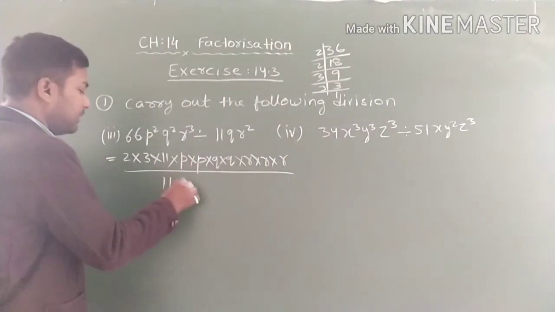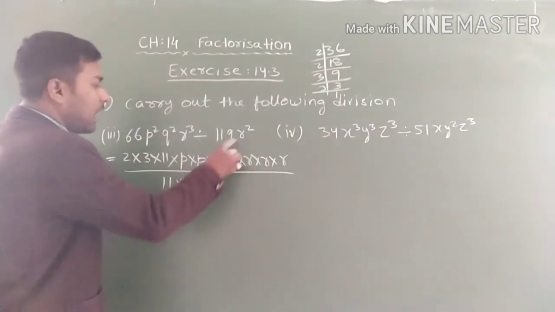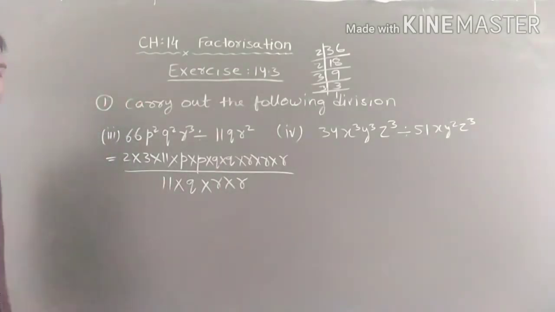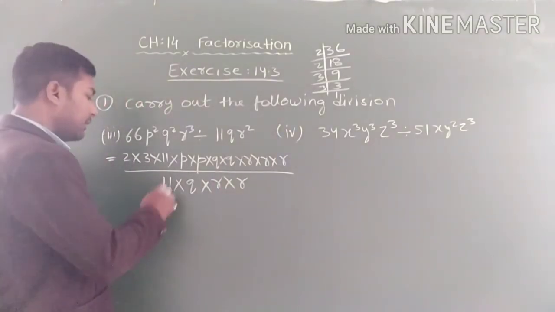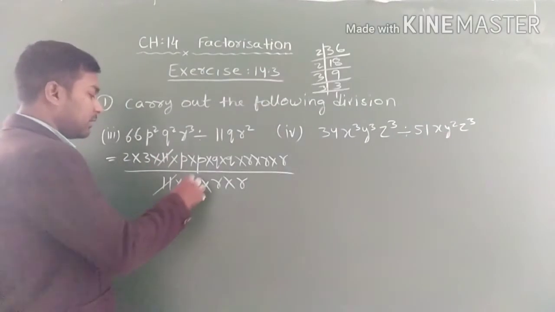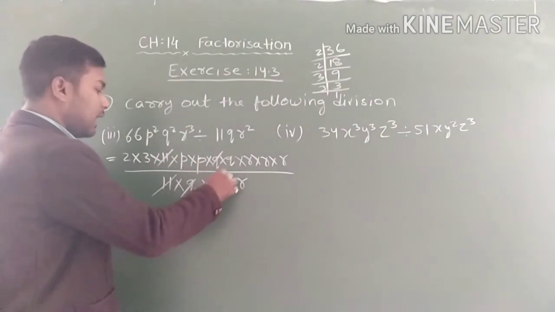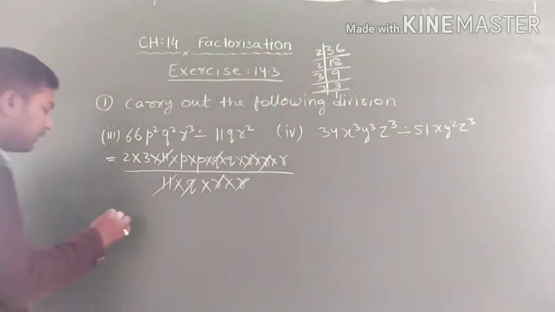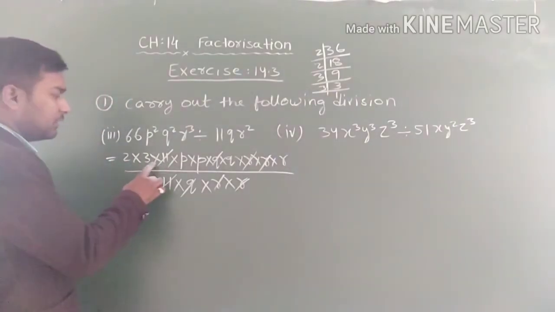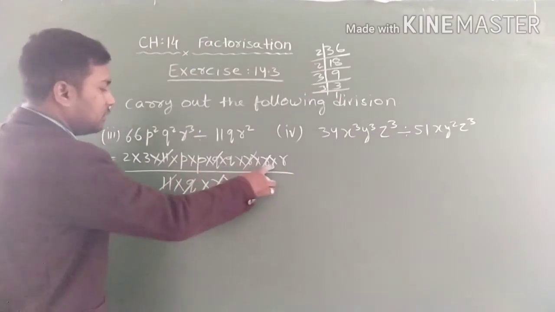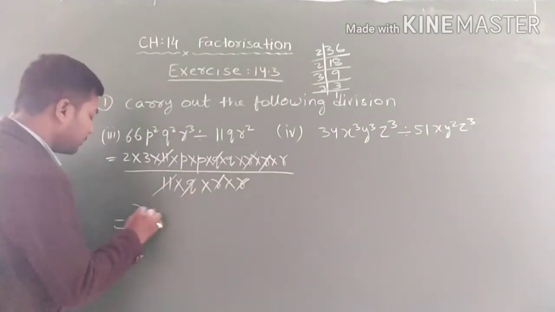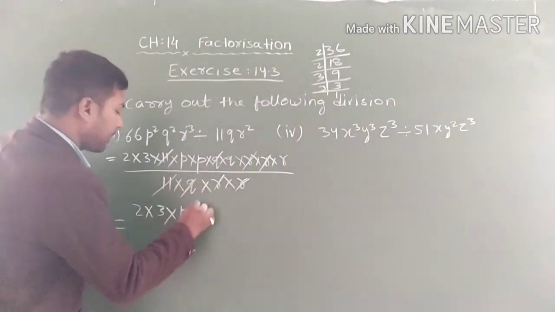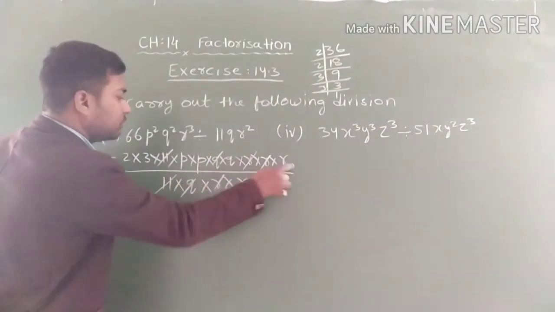So this is 11 into q into r square, that means r into r. Now this will be cancelled out: 11 and 11, q and q, r, r, and r. What is left? 2 into 3 into p into p into q into r.